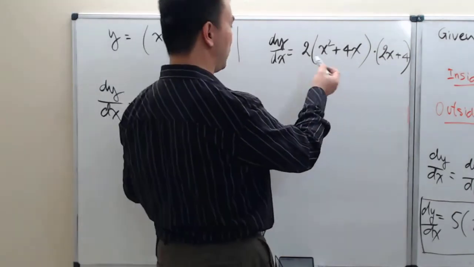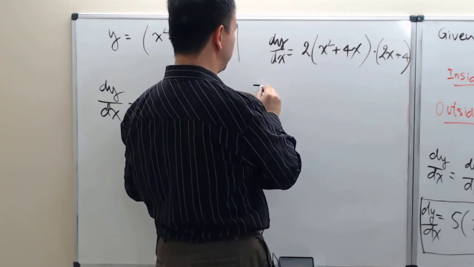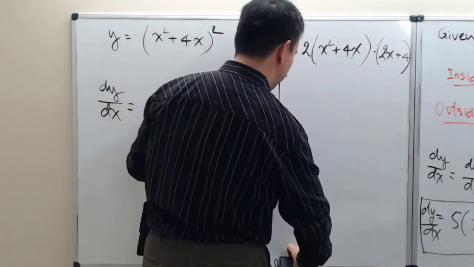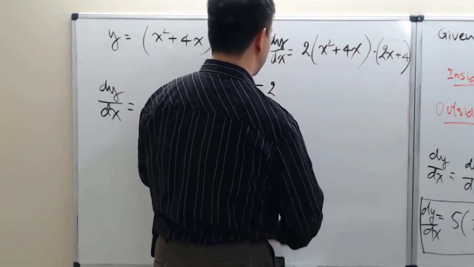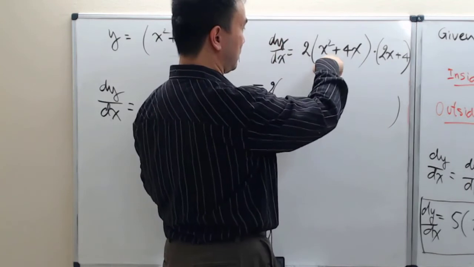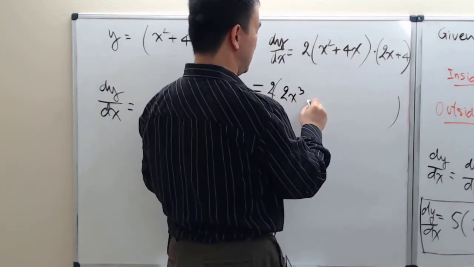So the work is simple. I'm going to leave the 2 here. That 2, I'm going to leave it there. But now I'm going to put a pair of parentheses, and we can simply do the FOILing work here. So x squared times 2x gives me 2x cubed plus, right?